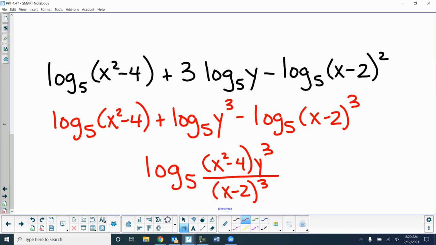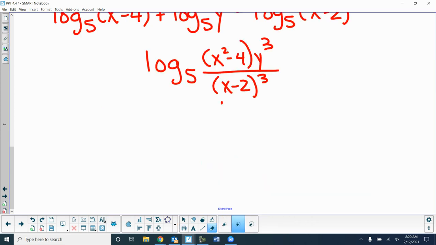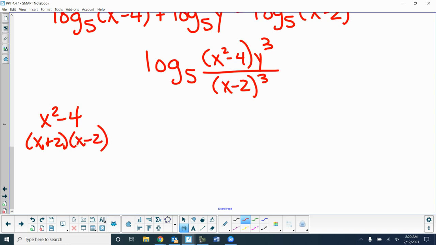Now, this is tricky because I can simplify that fraction. I want us to simplify the fraction. X squared minus 4, remember, we could factor as x plus 2 and x minus 2, right? Yeah.